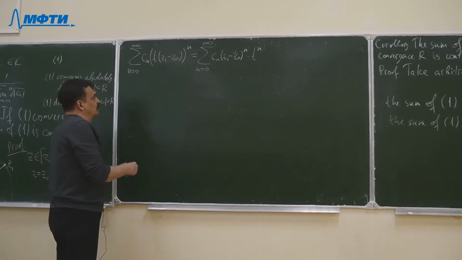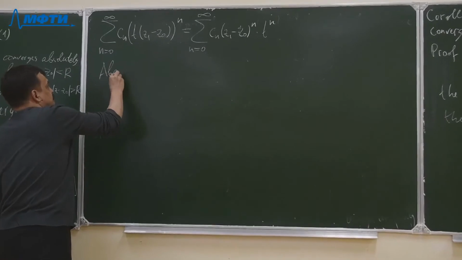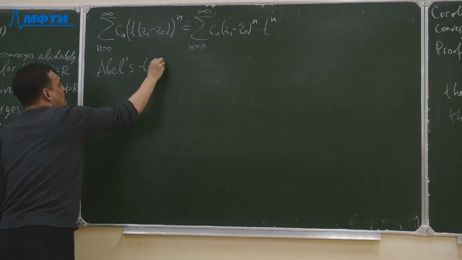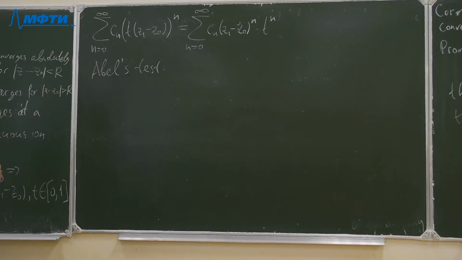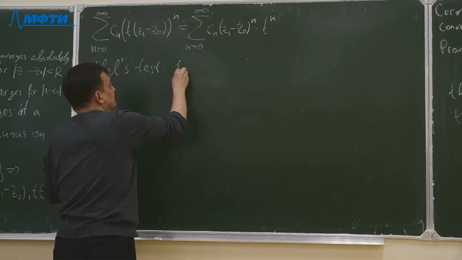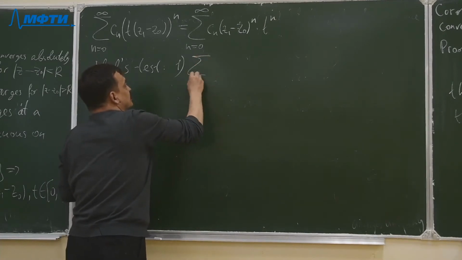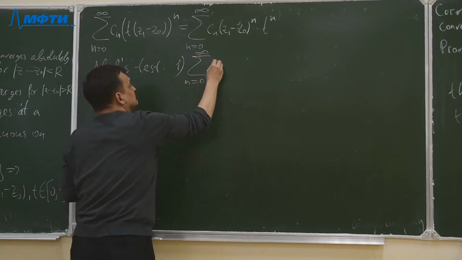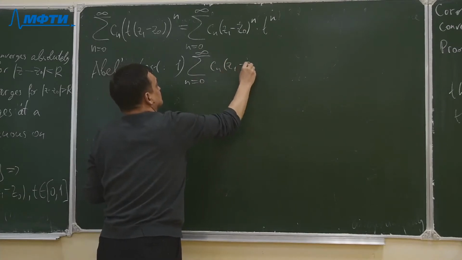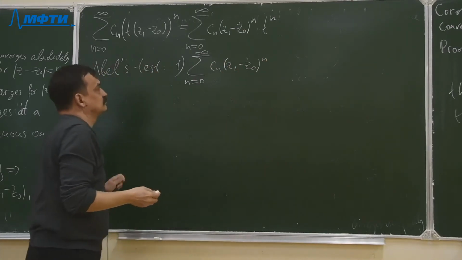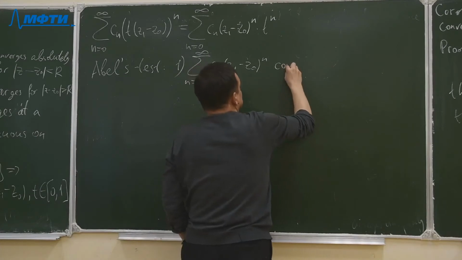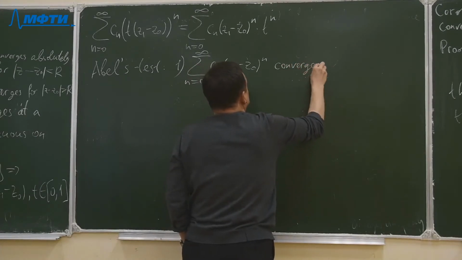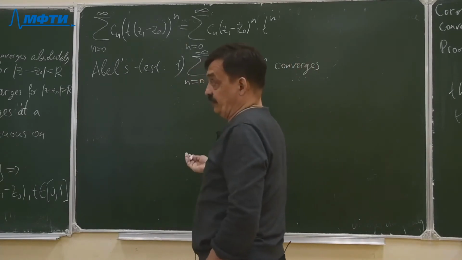So Abel's test, what it says, how we use it here. First, the series sum of c_n (Z1 minus Z0) to the power n converges. Why?